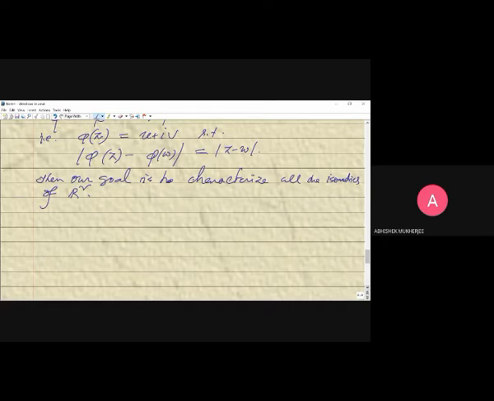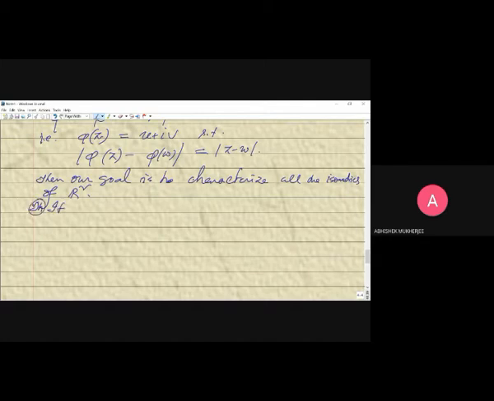I don't want to give you the proof at this time, because maybe in later discussions I can give you the proof. So I would just like to write down the theorem.